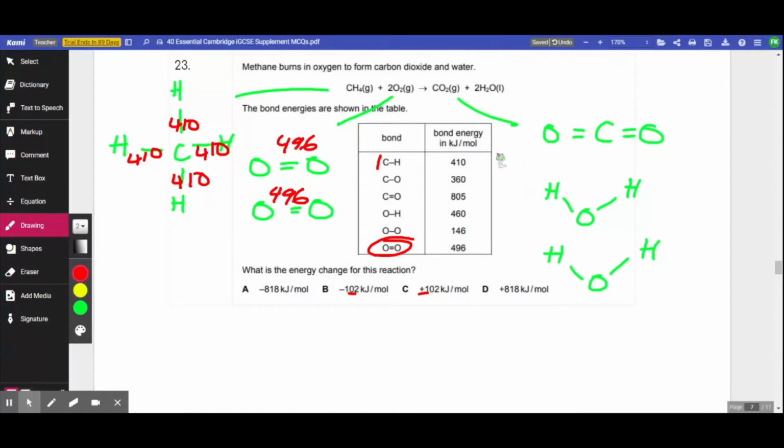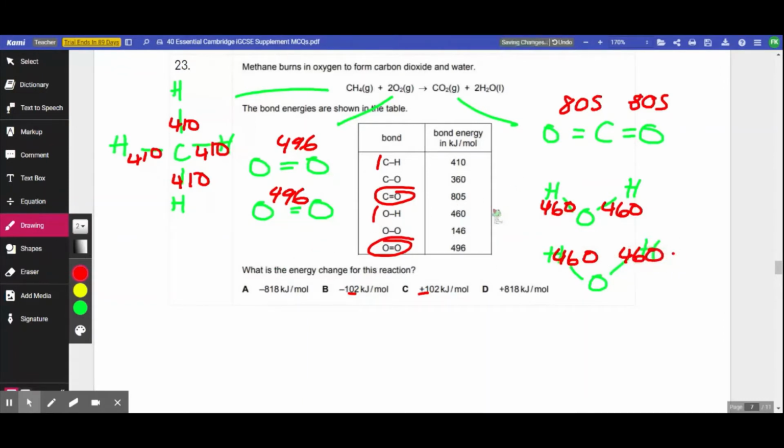So now we've got a chance to look at the product. Again, we've got C double bond O. That's the important one. So you need to have 805 there, 805 there, and then you've got OH, which is this one over here, 460, 460, 460, 460. Okay, right.